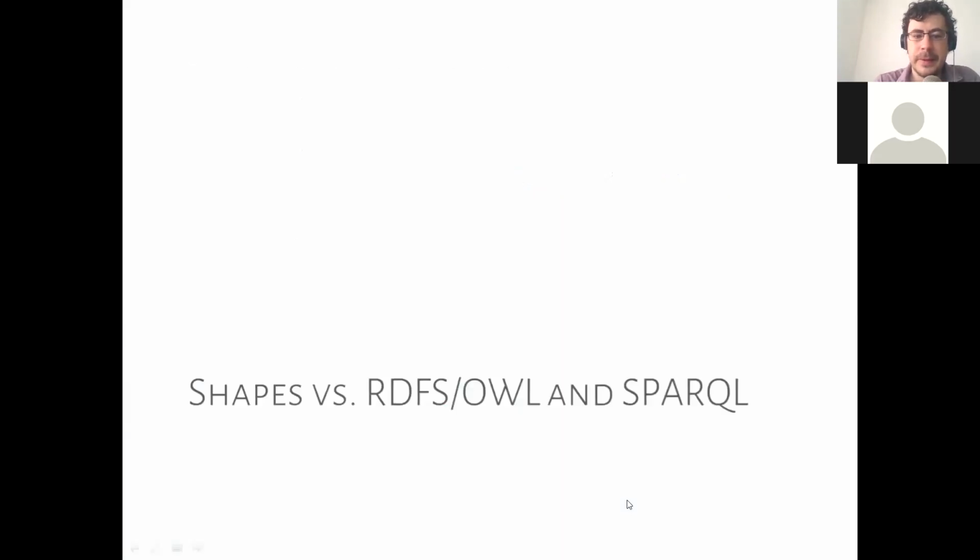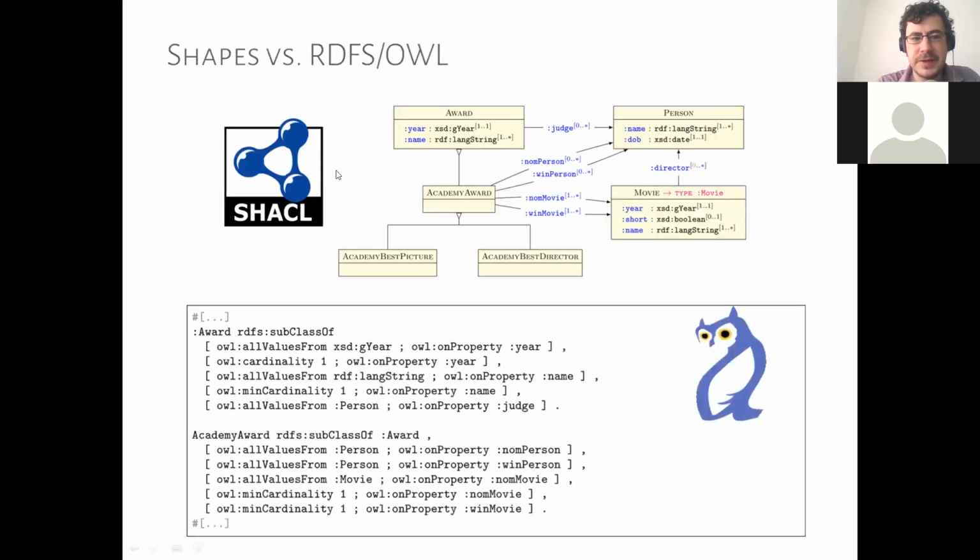Okay. So to briefly distinguish between what we've seen before, why do we need something new, right? We already have RDFS and OWL, and we already have SPARQL. So versus RDFS and OWL, there are some similarities in that in OWL, we can define lots of things.